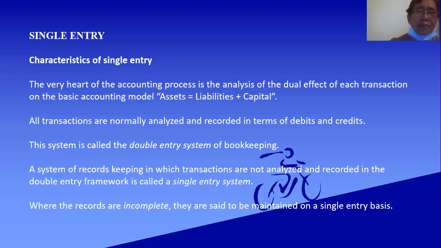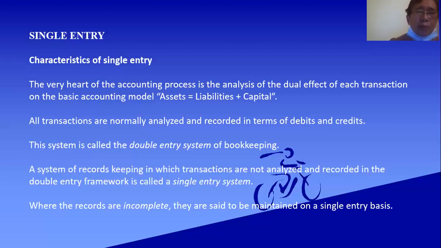This system is called the double entry system of bookkeeping, which you are familiar with because since your first accounting subject, you involve transactions and finally you discuss the debits and the credits.